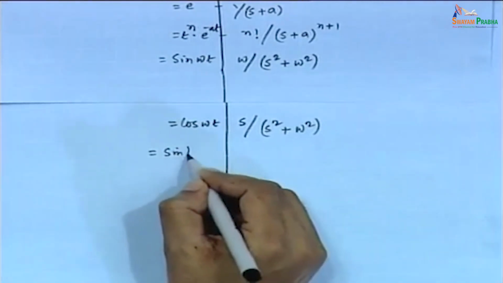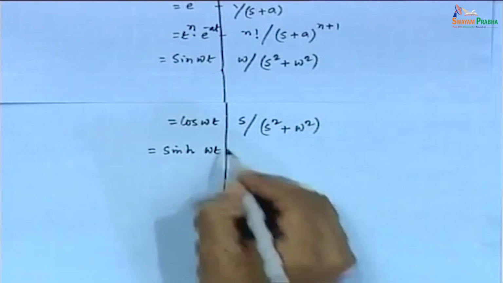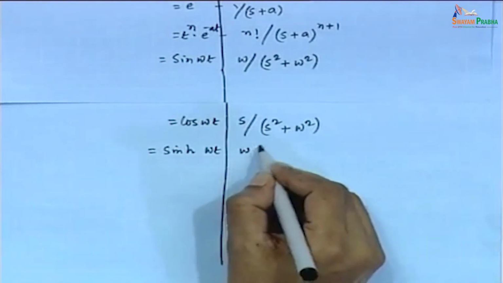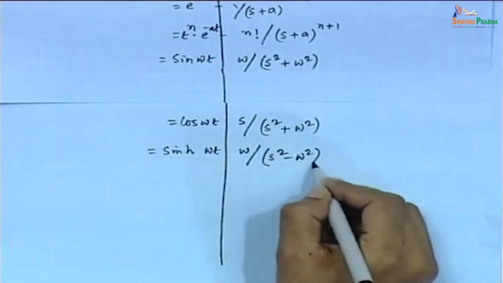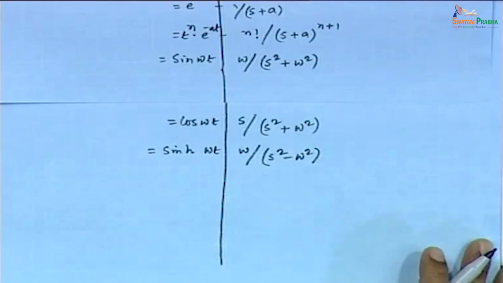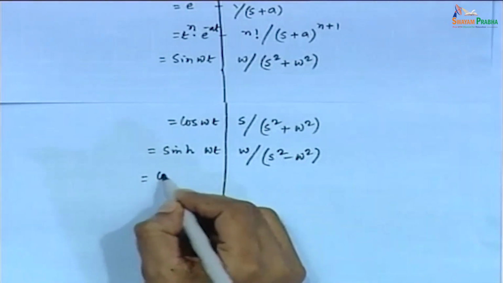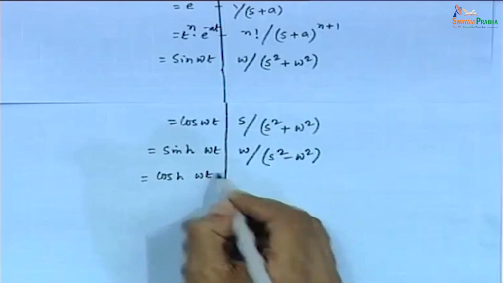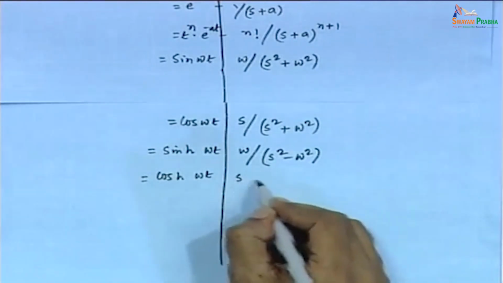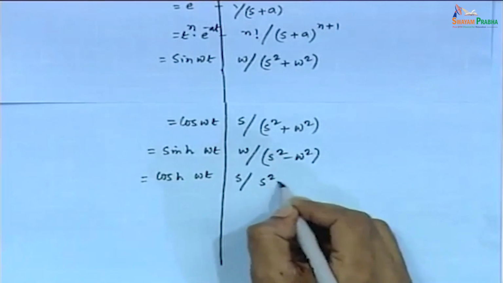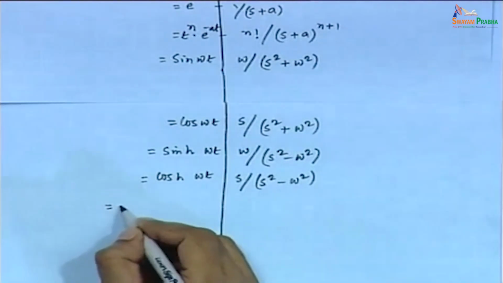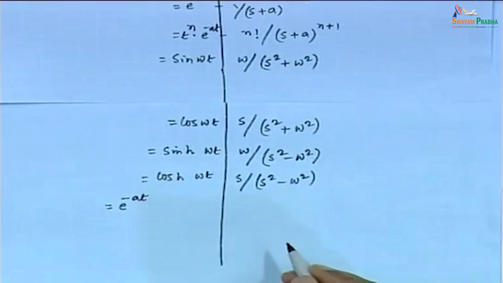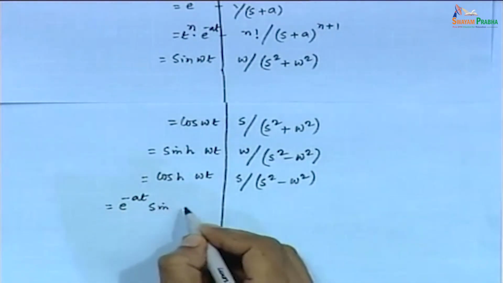This is sin hyperbolic omega t. Laplace transform is omega divided by s square minus omega square. If this is cos hyperbolic omega t, Laplace transform is s divided by s square minus omega square. Next one is exponential of minus a t sin omega t.